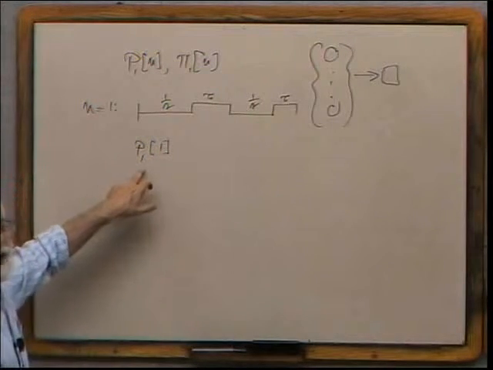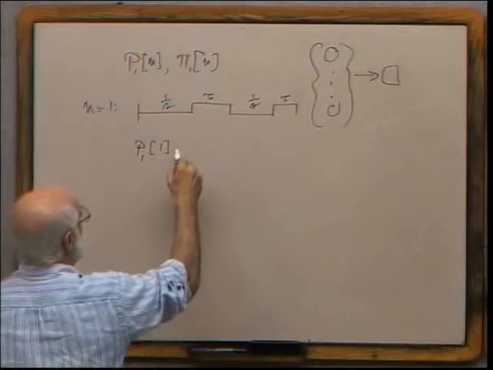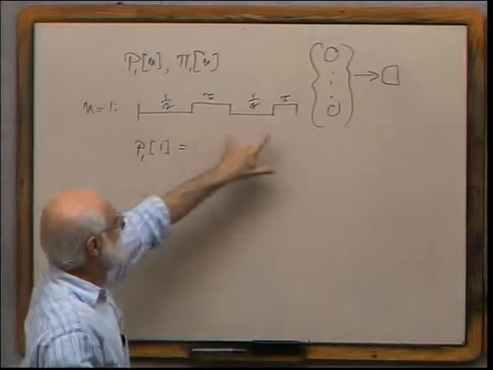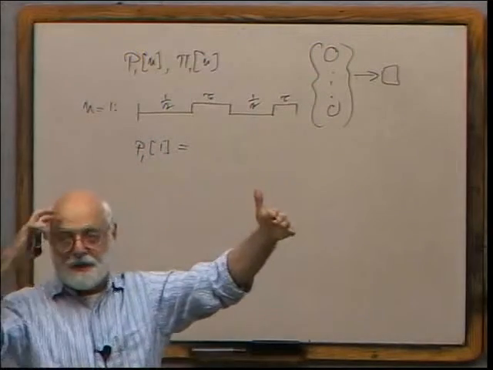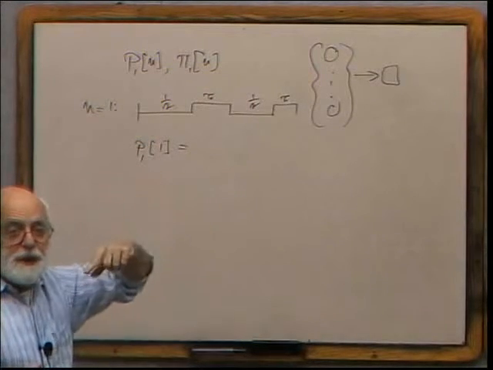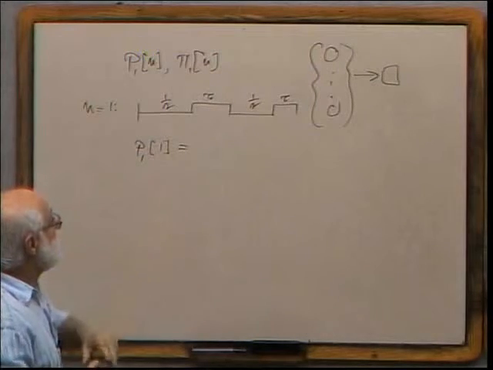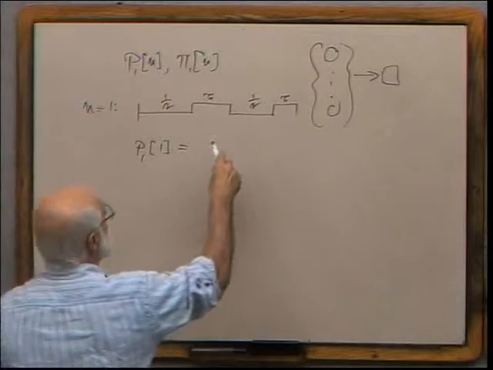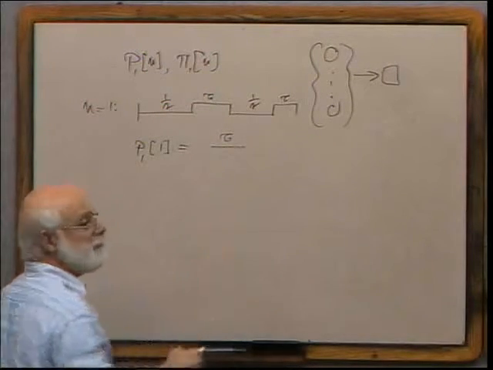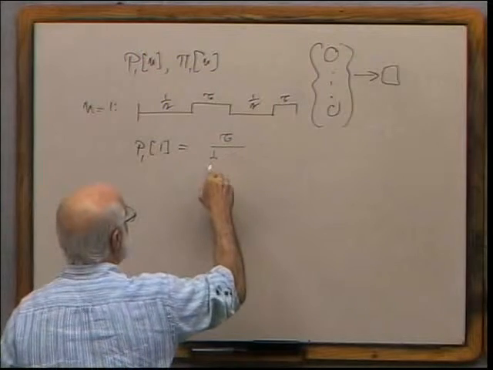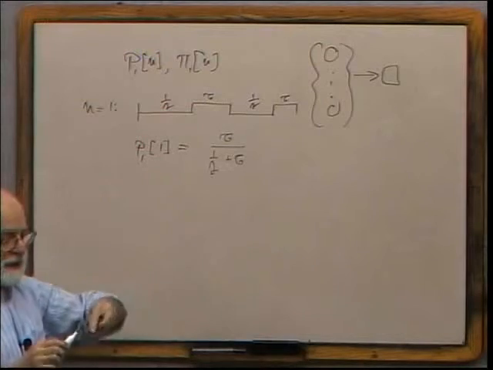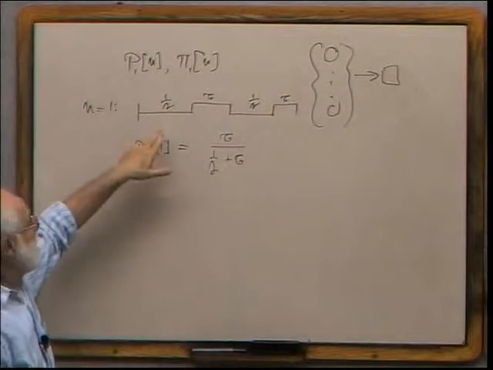So now I'll make the obviously correct intuitive argument and say, well, I've got these cycles, and the cycles are statistically identical, and so it ought to be true that the fraction of time that the server is busy, that's the fraction of time I'm in state 1, is the ratio of the average busy time per cycle, which is tau, divided by the average length of the cycle, which is 1 over gamma plus tau. So that should be my probability. This is a system that just goes off, on, and so forth.